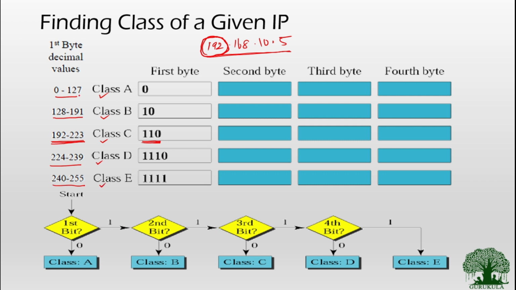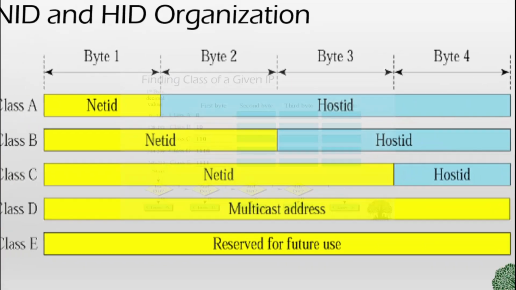If it is given in binary, you can check for the corresponding bit pattern and map it to the class of address. This exercise will help you identify, given an IP address, what the class of that address is.